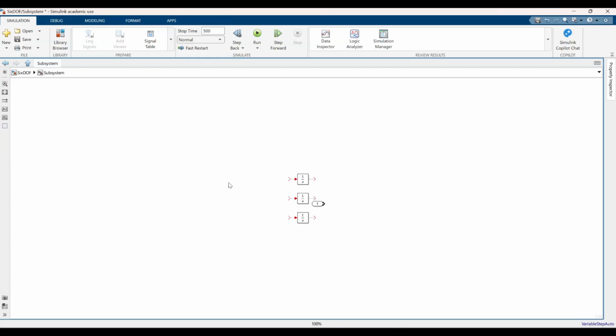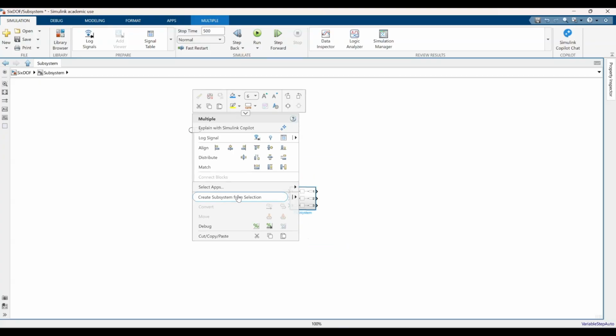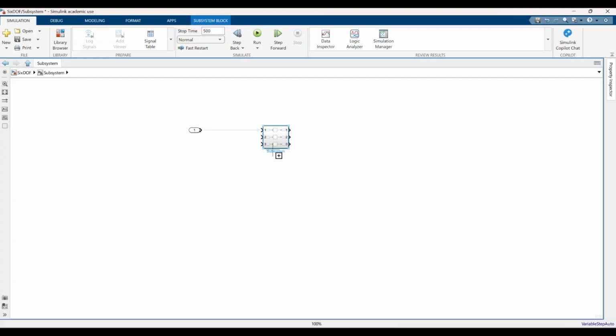Let's double click in the subsystem. Here is our V desired. And then let's make another subsystem over here. The reason I'm making a subsystem inside of a subsystem is because I want to call this longitudinal. And later we will work on making a lateral subsystem over here, right?